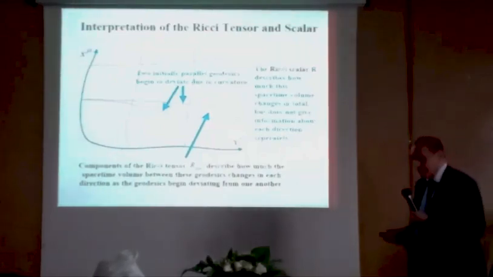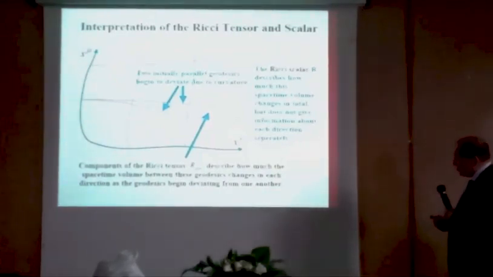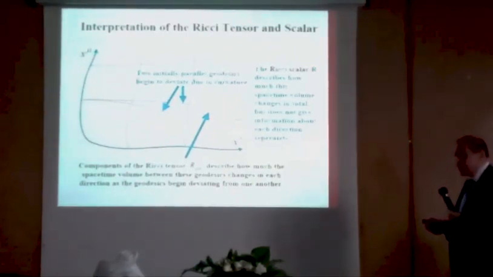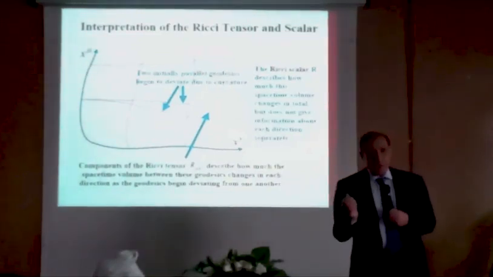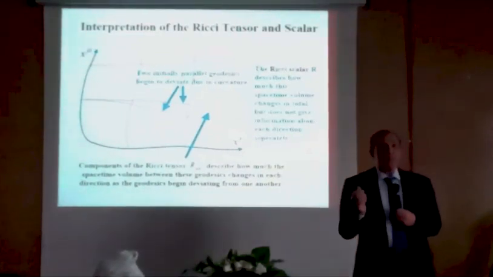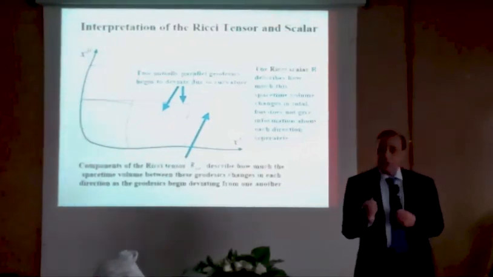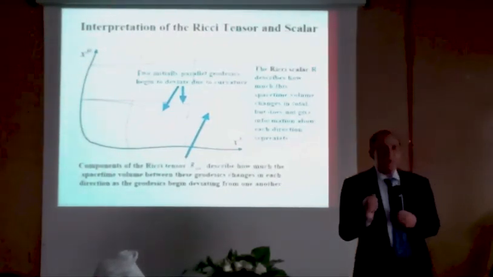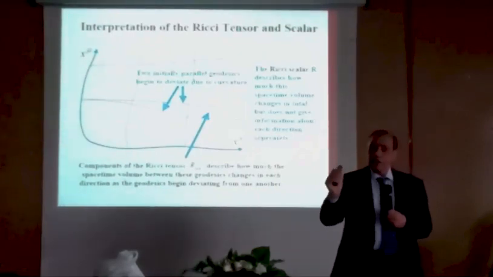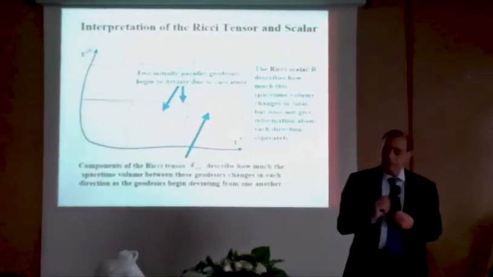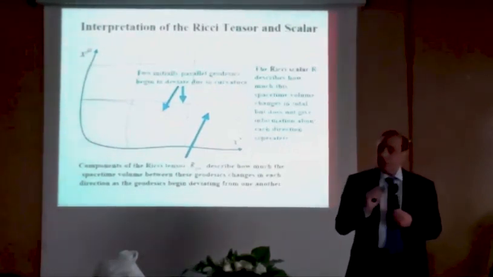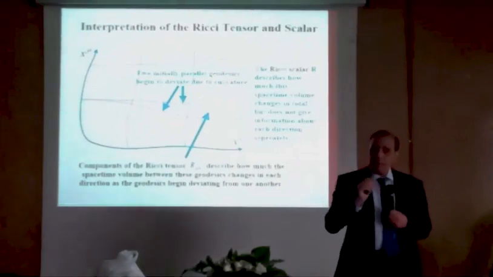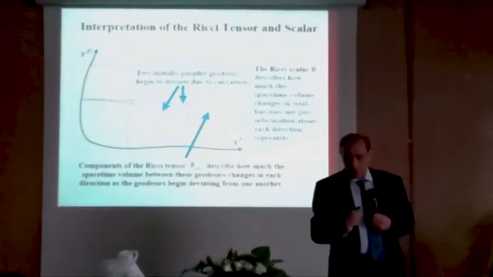But that is not all. The Ricci tensor shows you not only how much volume is changing, but in what direction as well. So here I have two important quantities, the volume and the direction. The Ricci tensor shows you, if you move and curve the space-time, how much volume is changing when I move from one point to another, and in what direction.